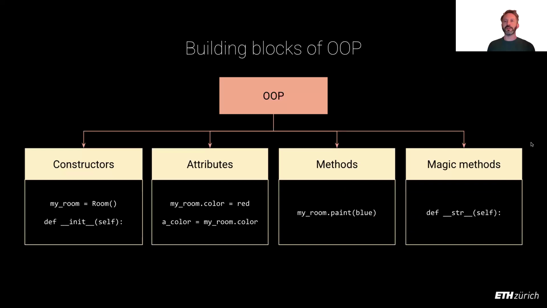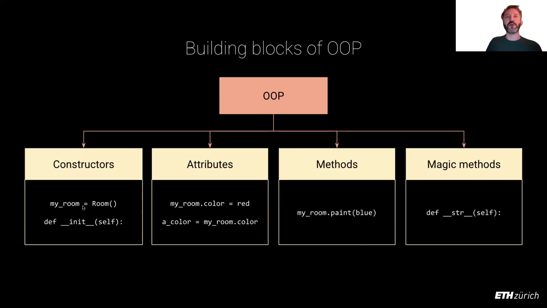So wrapping up, in terms of object-oriented programming, OOP, the building blocks are, first, the constructors, which is this special method called double underscore init double underscore.